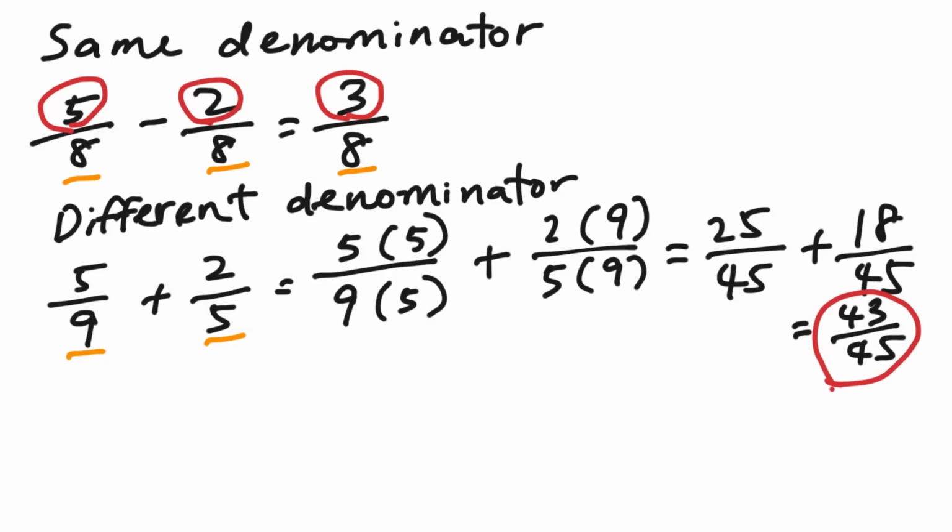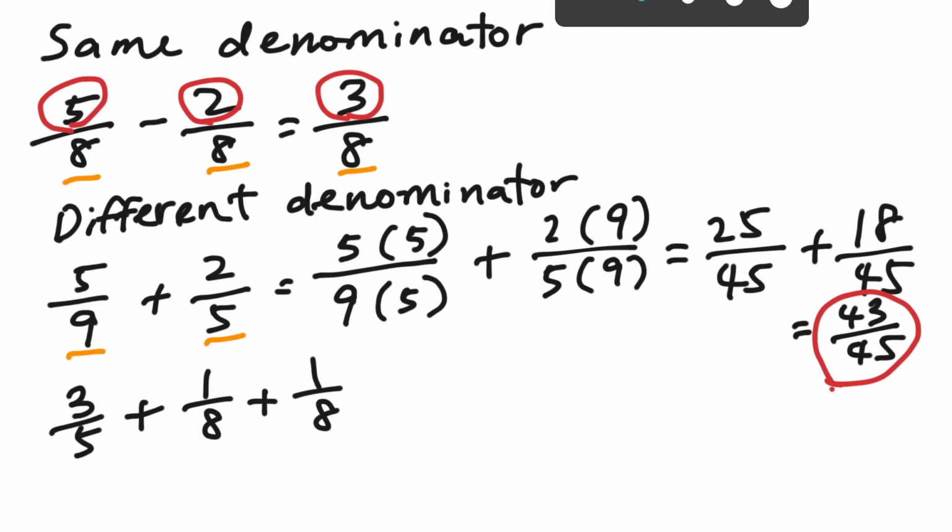Now let's try an example with 3 different fractions added together. 3 over 5 plus 1 over 8 plus 1 over 8. In this example, we see there's denominators 5, 8, and 8.